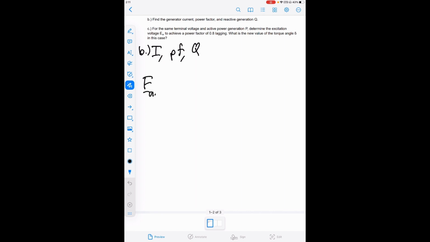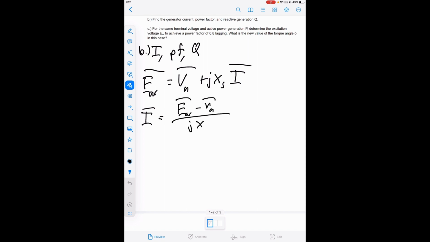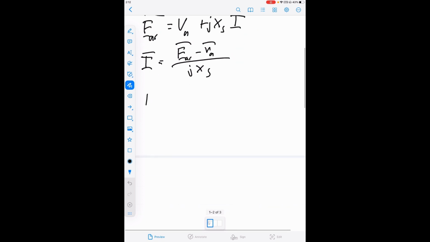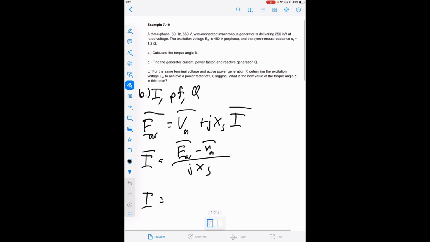That is, the excitation voltage is equal to VA plus J XS I. Rearranging for I, we get EA minus VA over JXS. EA is going to be equal to the 460 volts given with an angle of the torque angle, our result from part A, and that was 43.21 degrees.